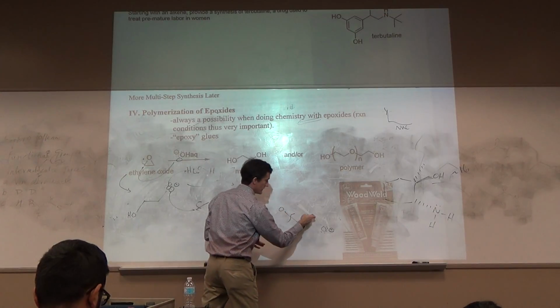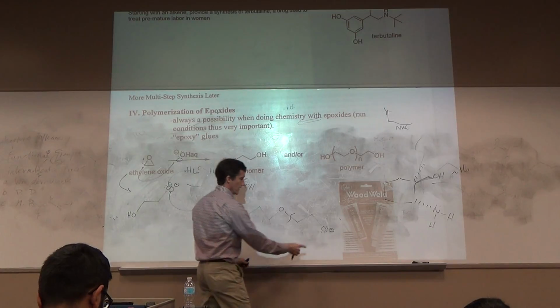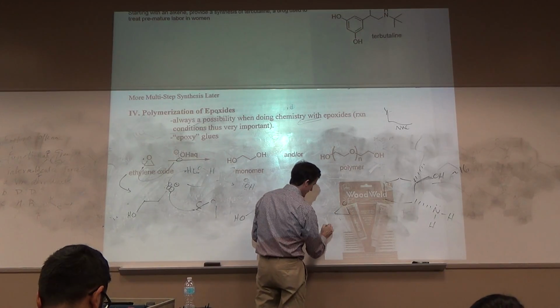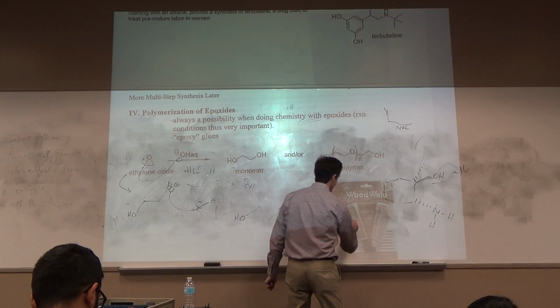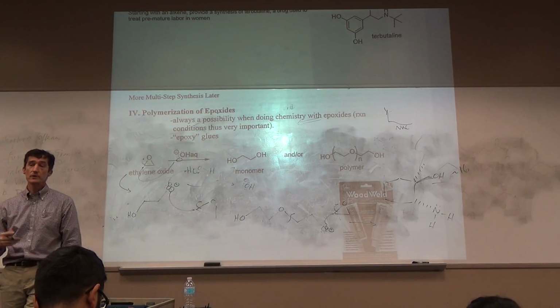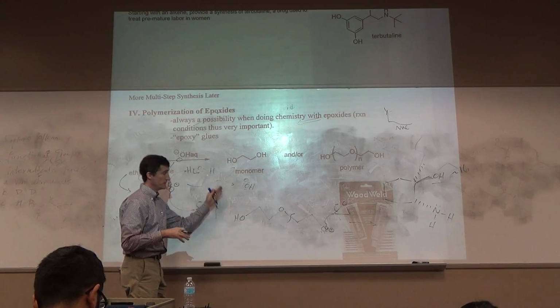So nucleophile, carbon, carbon, O. What could this attack? This could attack here. You get the point? And you just keep on going. That's how you get polymer. It just keeps on reacting with itself instead of picking up proton.